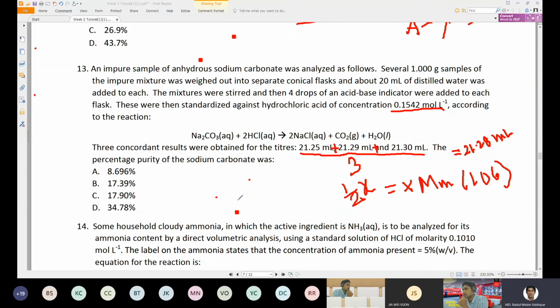So the mass of sodium carbonate over the total mass, that is 1 gram, times 100%. So that would be the answer for this. And it turned out this is answer B.